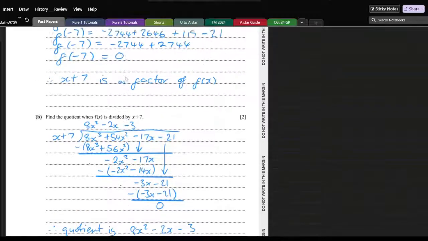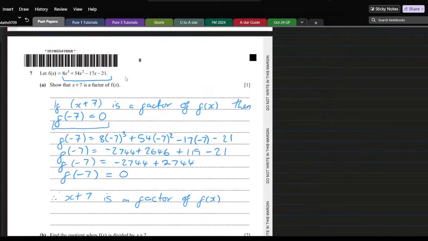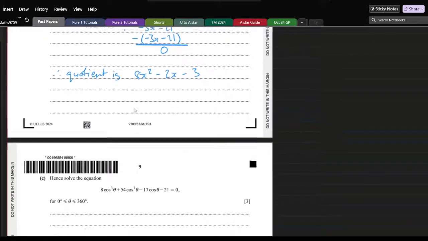Part C, solve the equation 8 cos cubed theta plus 54 cos squared theta minus 17 cos theta minus 21 is equal to 0. Notice how this is pretty much the same as our function f of x, which is 8x cubed plus 54x squared minus 17x minus 21.